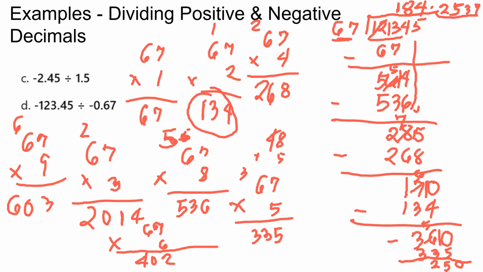So to round this, I'm referring to the quotient already, the answer, not product but quotient, because we're talking about division. We have 184.25, 37.